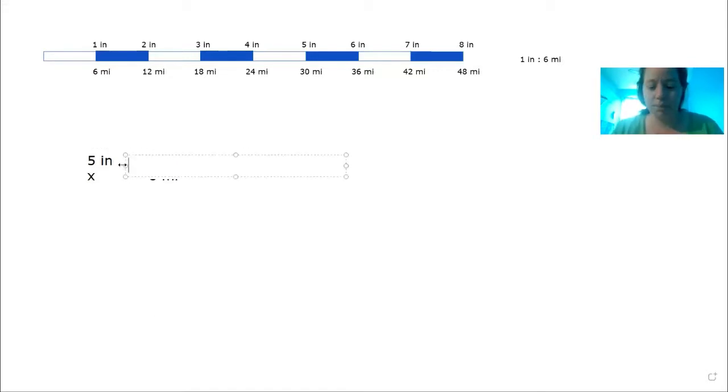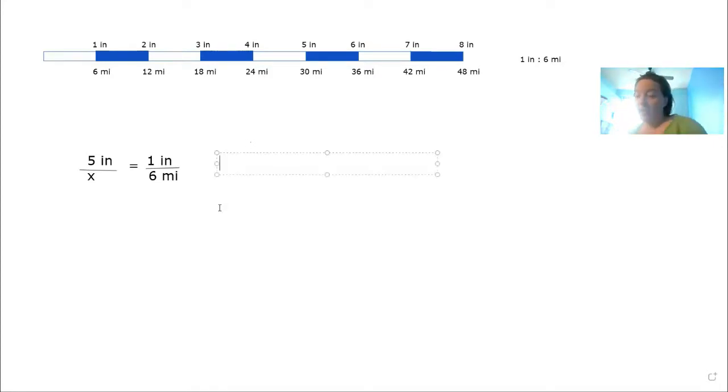I go in here, I put in my equal sign, I put in my lines. And I can then sit here and cross multiply, or I can go over and do my equivalent fractions. Or I can just look up here at my key and go, oh, okay, so it was 5 inches. That means that X is 30 miles. All right, I can do all of those.